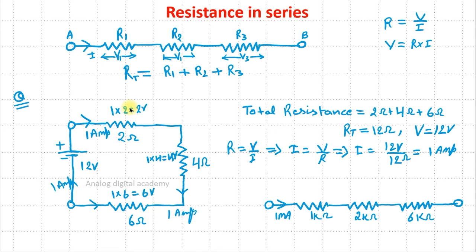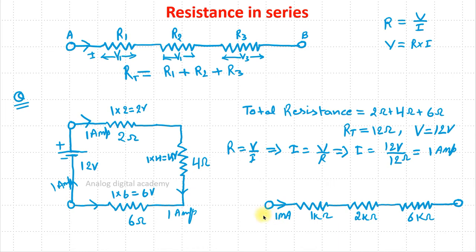So the voltage across all the elements, 2 plus 4 plus 6, is 12 volt. It will be equal to the battery voltage. So this is the rule of series resistance combination.